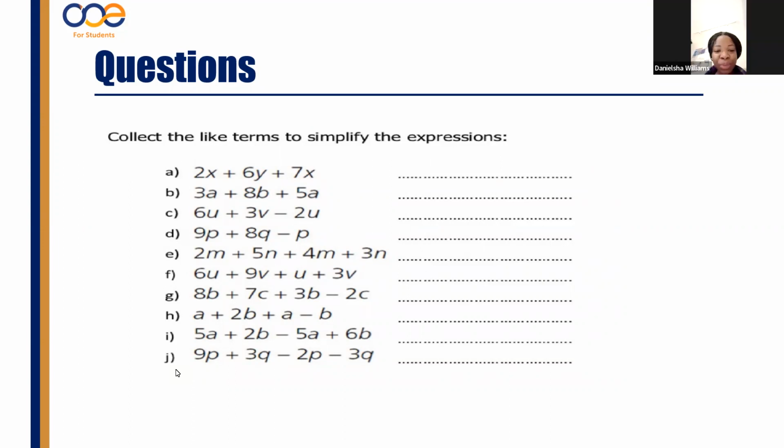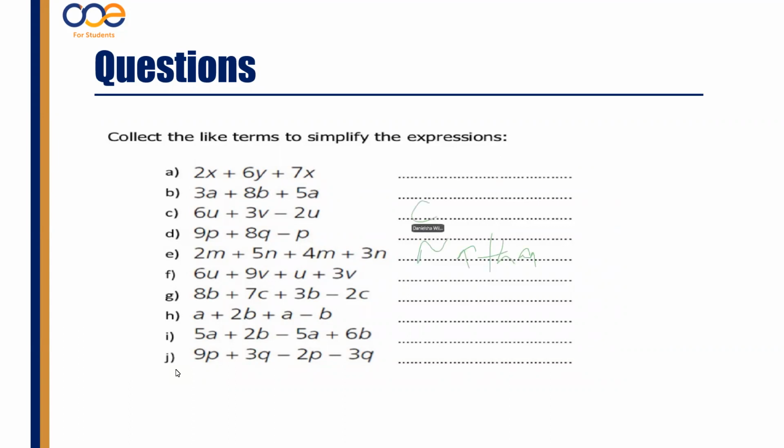Nathan is doing E. Courtney, you want to do C? Yes, miss.